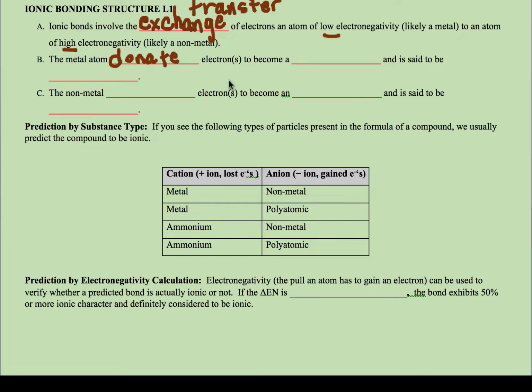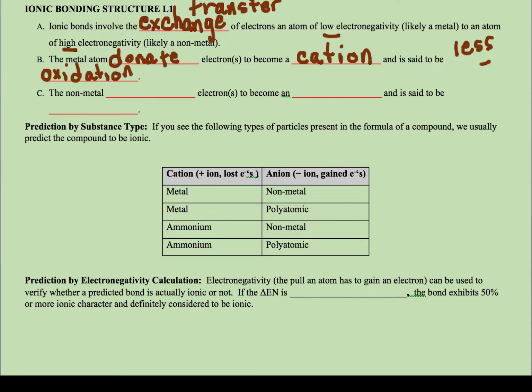When they give away electrons, they become less negative. So if you think of it as less negative and more negative, that can be really helpful, because electrons are negative particles. If it's less negative, it becomes a cation, a positive ion. The process is called oxidation.